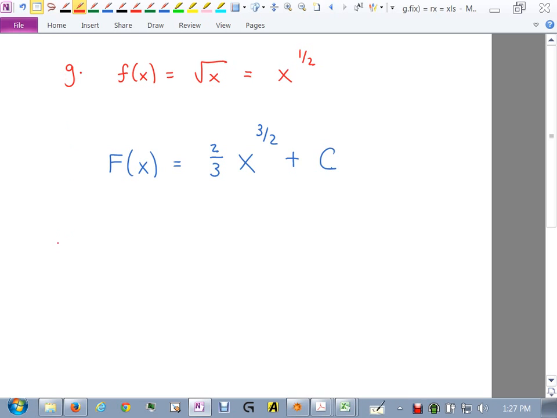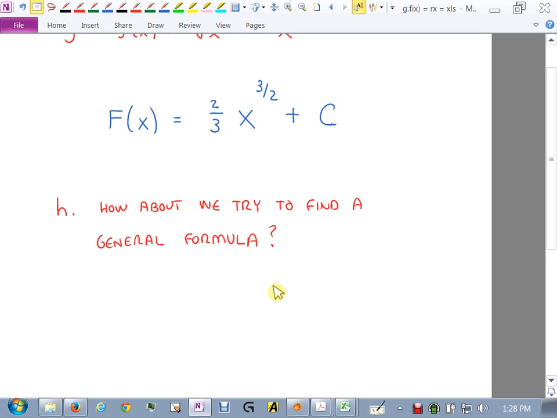Okay, how about we try to find a general formula? What do you say? We try and find a general formula. I mean, we knew for derivatives, the formula was that the power came out and then we subtracted 1, right?